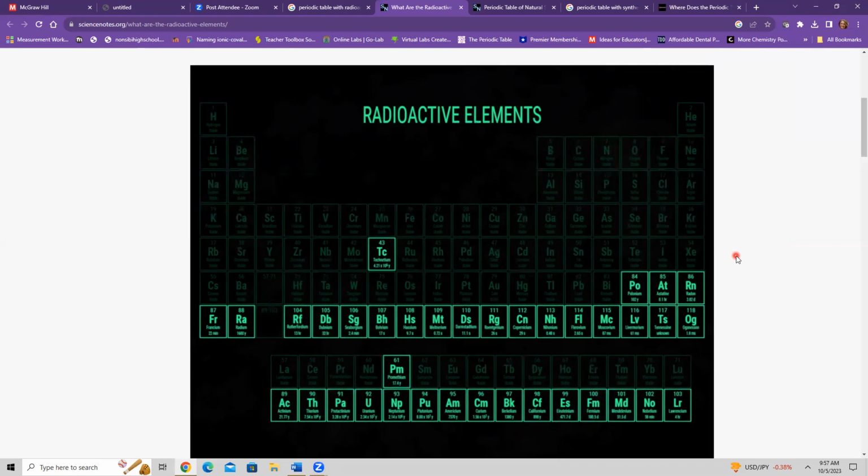Just add all the extra elements starting with DS, darmstadtium, and go all the way to OG, which is oganesson, on the very bottom. Just so that you know that they're there, because they do exist now.